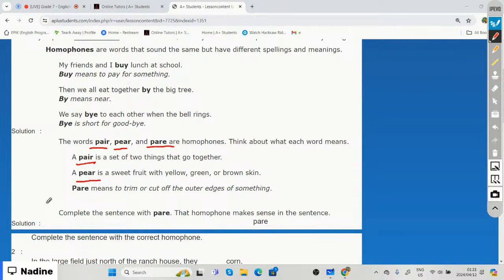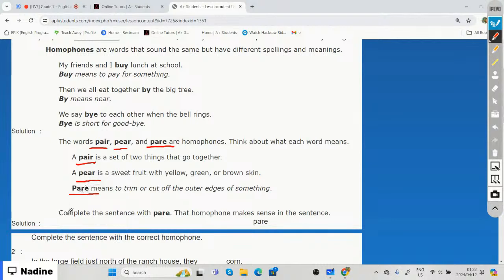And then lastly, we have another word, pare.